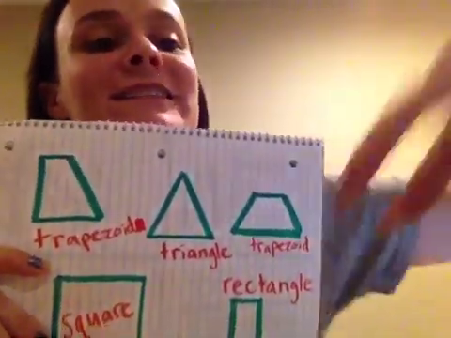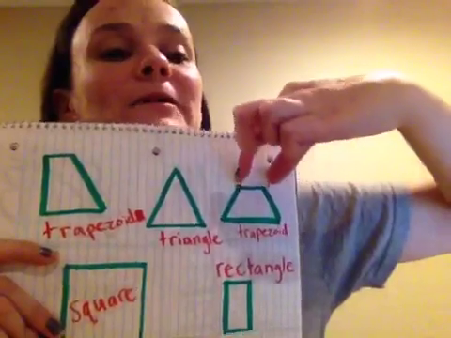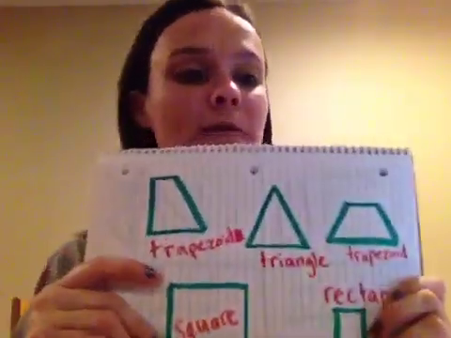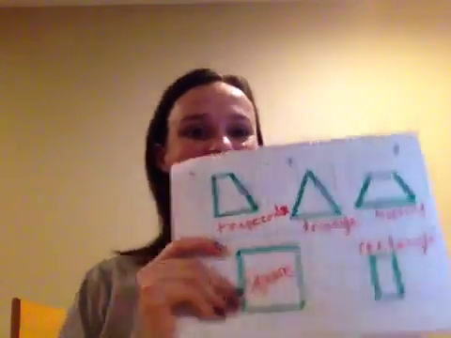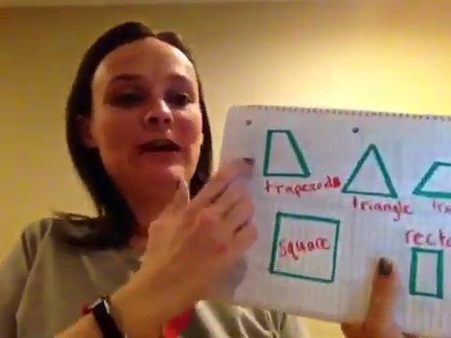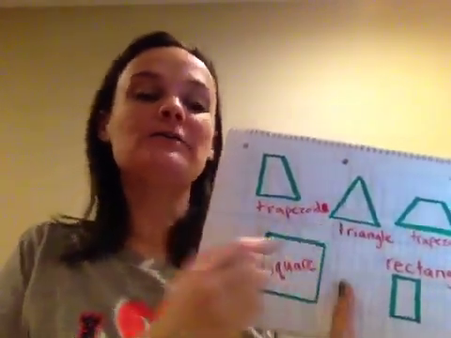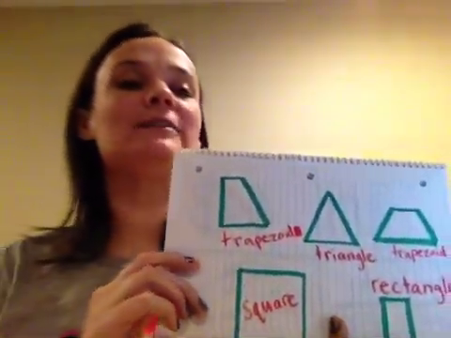And then these two sides are not parallel. They would meet. A triangle actually has no sets of parallel lines. You see, they all meet. So we're talking about trapezoids, 4 sides, 4 vertices, and triangles, 3 sides and 3 vertices. I hope you have a great day.